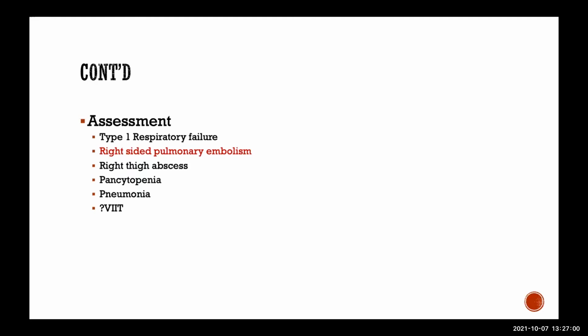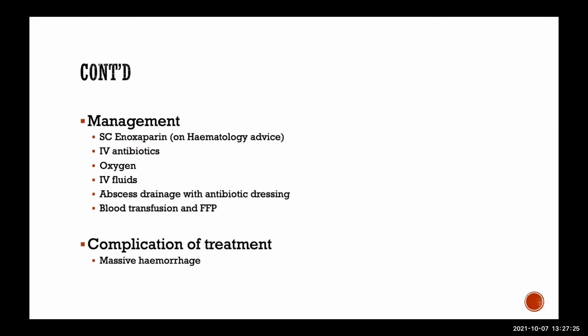She had this right thigh abscess, which at this point must have then caused some septicemia already with the MRSA, and then may have led to the pancytopenia. And of course, there was some element of pneumonia. COVID being at the center of everything in the last 1 year, we thought the blood picture may have been a result of vaccine, but we then subsequently dismissed this because she hadn't taken any of the vaccines yet.